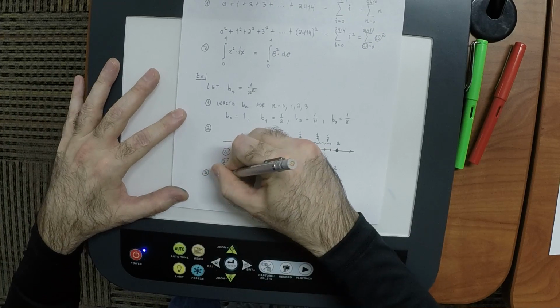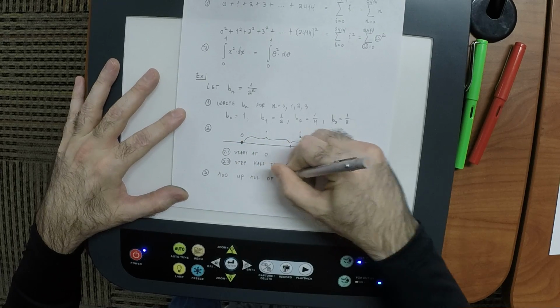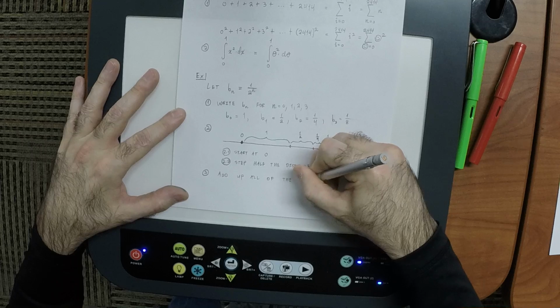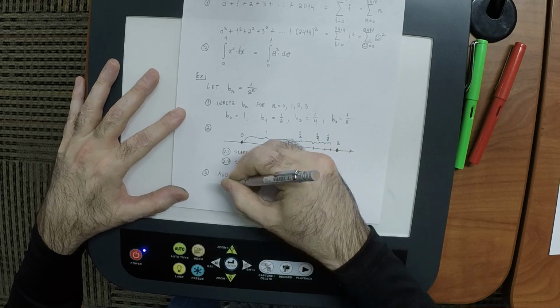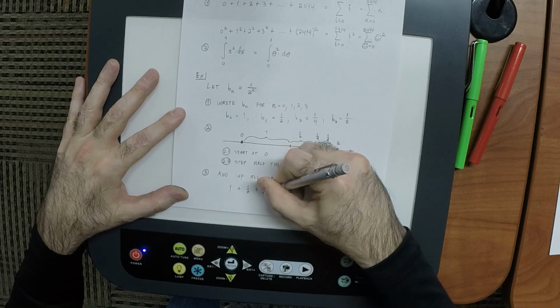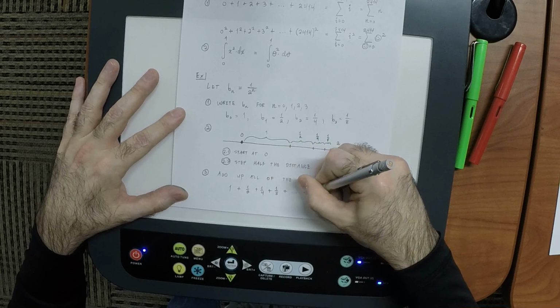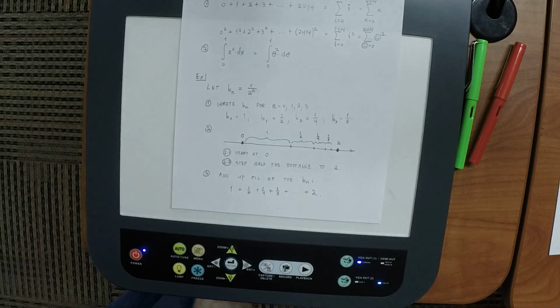So add up all of the b_n: 1 plus half plus a fourth plus an eighth plus ... Well, that's 2.